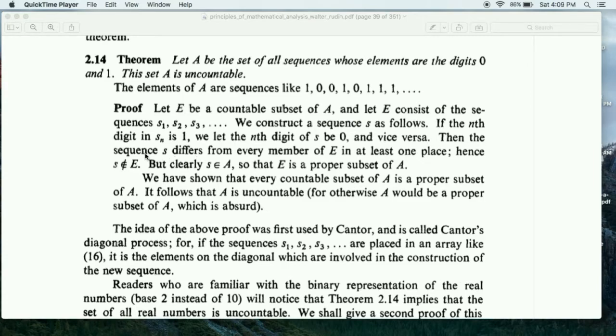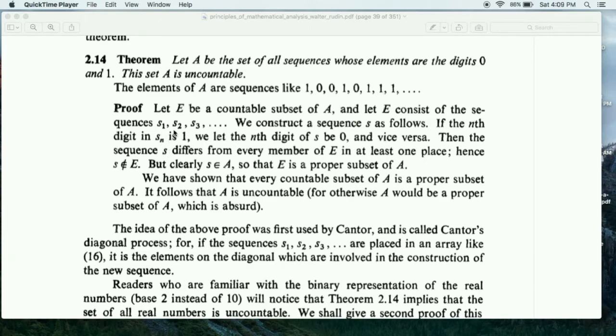Then this sequence S will differ from every member of E in at least one place, because S is not equal to S1 because it differs in the first position of S1. So S is not equal to S1.